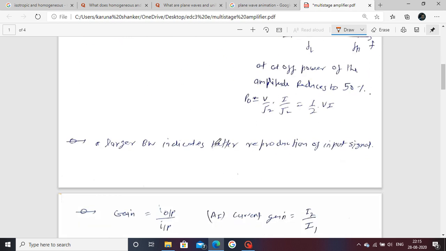Okay, next, what is the advantage of higher bandwidth? One advantage is that it can carry more information. Also, and more importantly, a larger bandwidth indicates better reproduction of the input signal, meaning higher bandwidth reproduces the input signal in a better form.